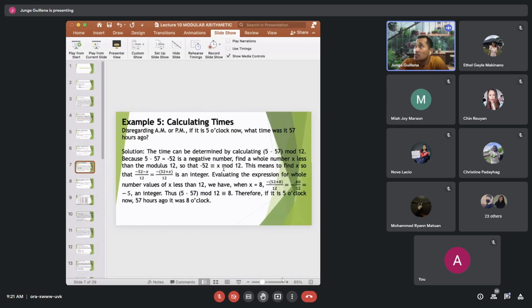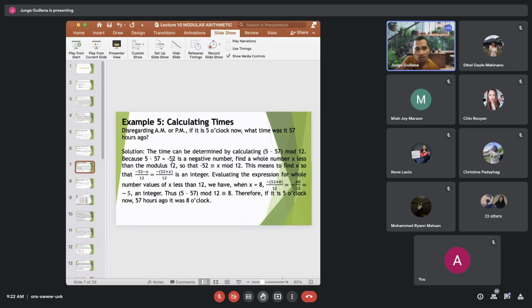Because once we reach 12 noon, we go back again to 1, 2, 3, up to 12. Unlike the military clock, after 12 there is 13, 14, 15 until 24. Then once we reach 24, we go back again to 1, and so on and so forth. Okay? So this is clock arithmetic.